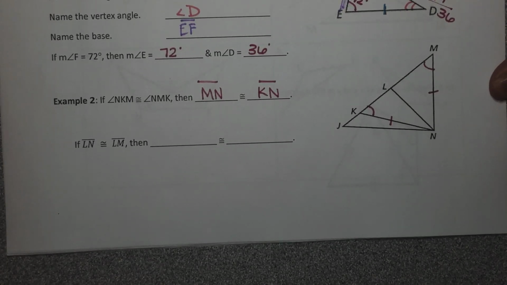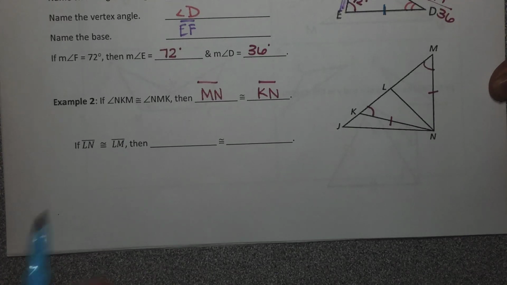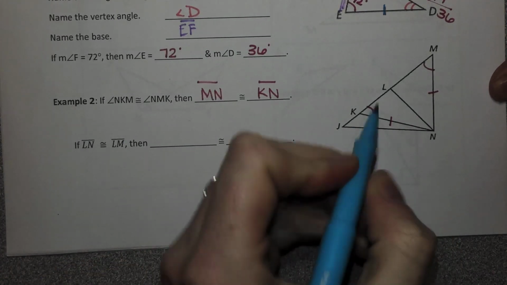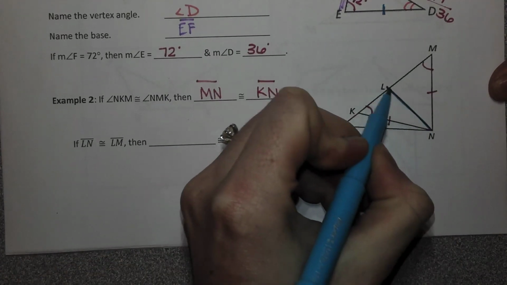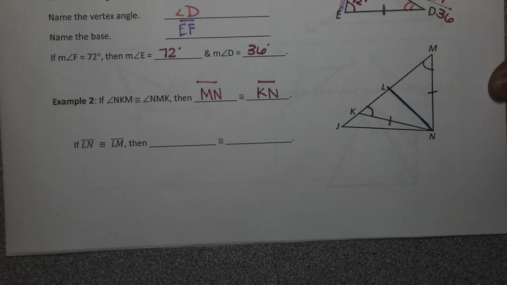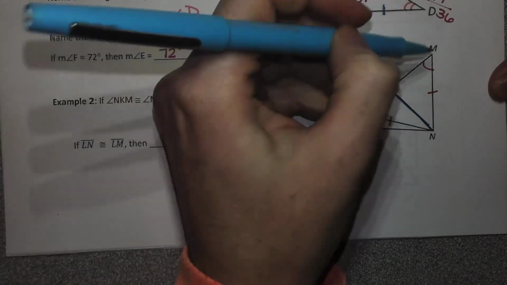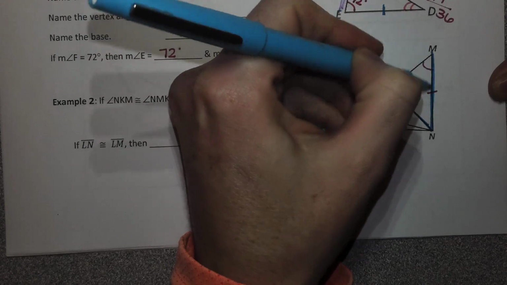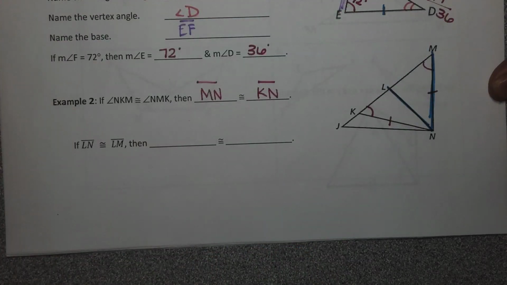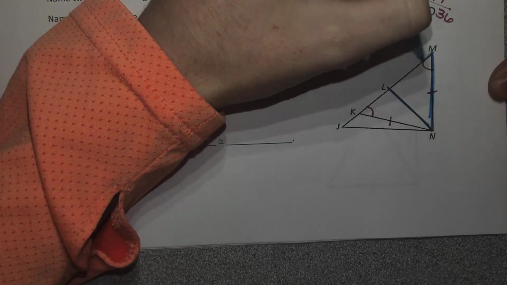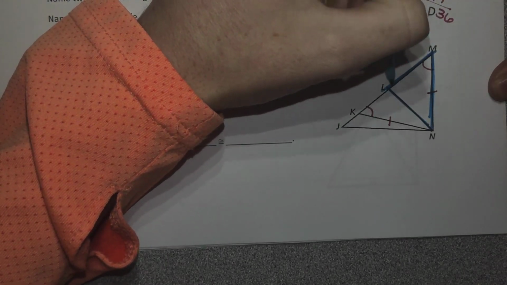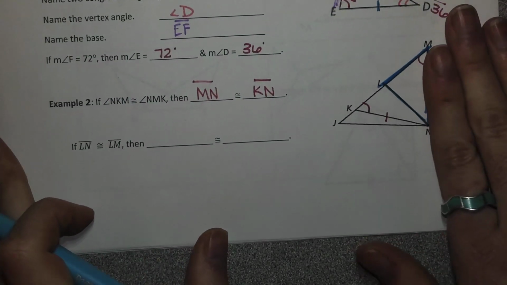Let's not just shout random things out. LN is this line here. We're saying that line's congruent to LM, which is this line here.